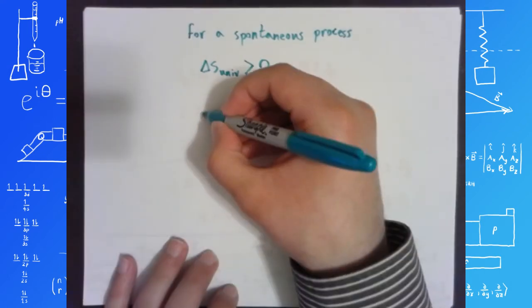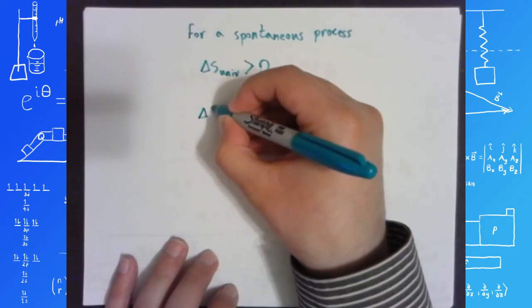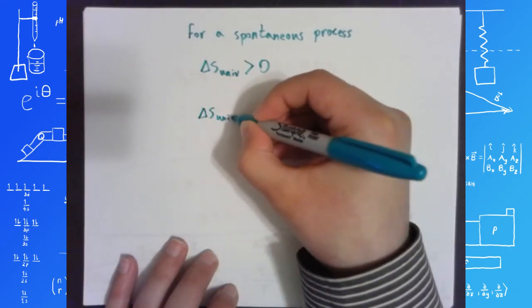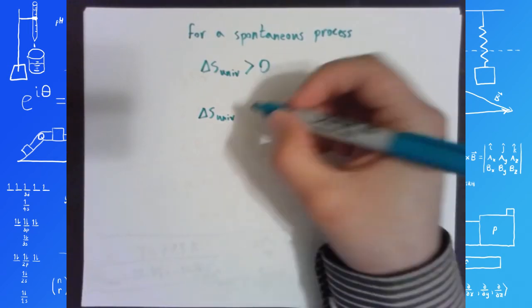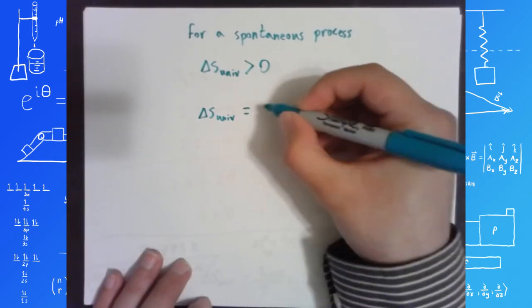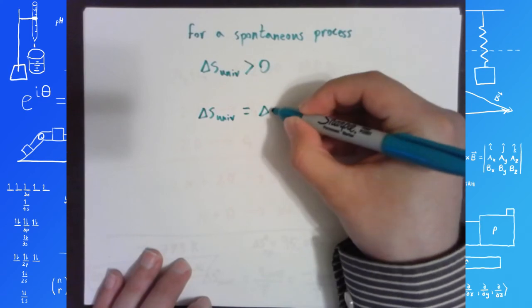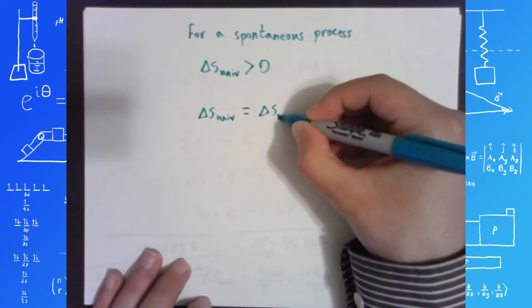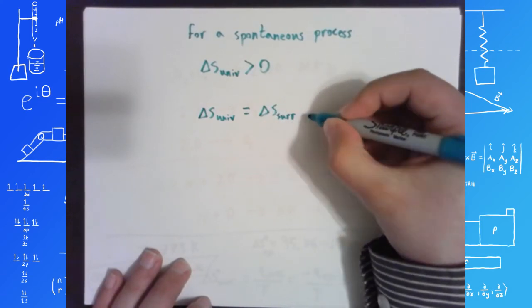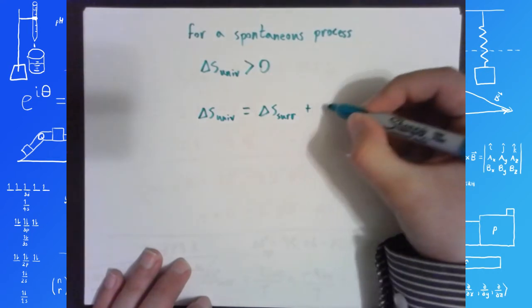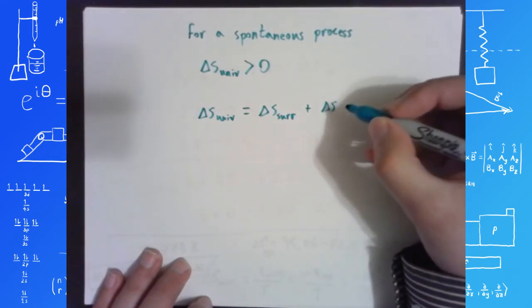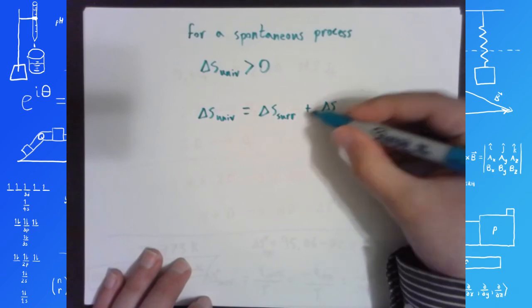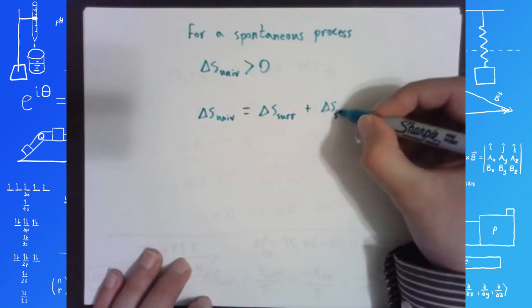And delta S universe, of course, is equal to delta S system plus delta S surroundings. I'm going to write it as delta S surroundings plus delta S system.